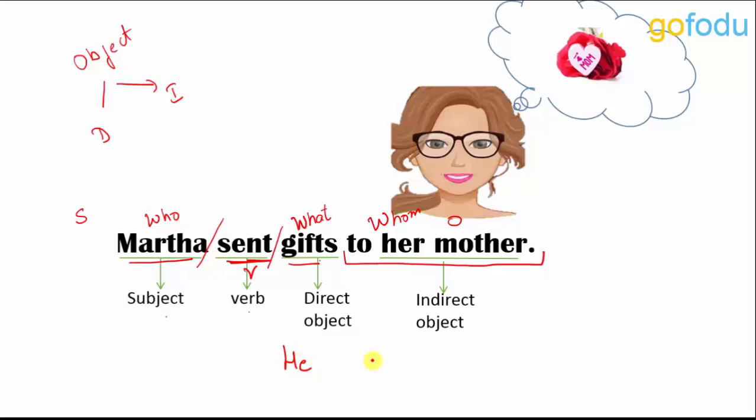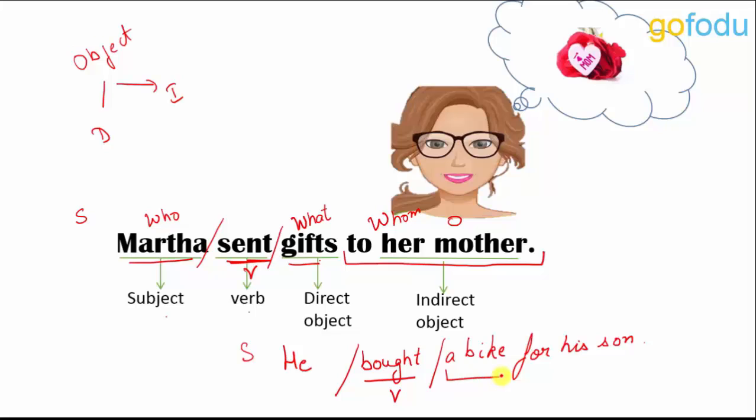Let's say he bought a bike for his son. Over here, what's the verb? Bought. And who bought? He. So that would be the subject and the rest would be the object. Now what was bought? A bike. So this would be the direct object, and for whom? That would be the indirect object, that's for his son.